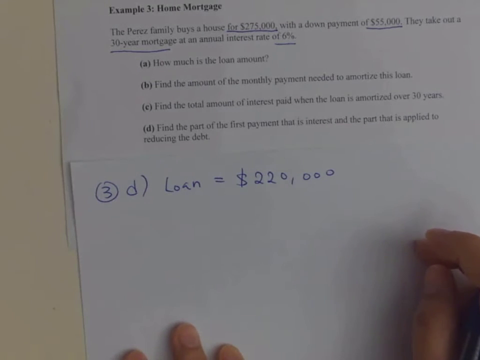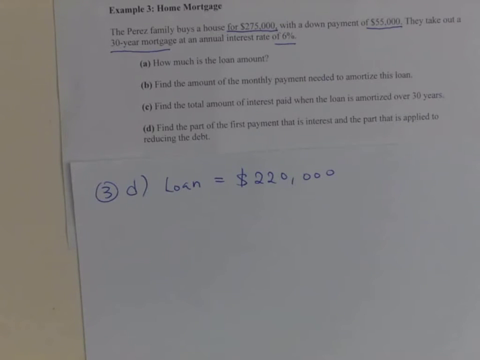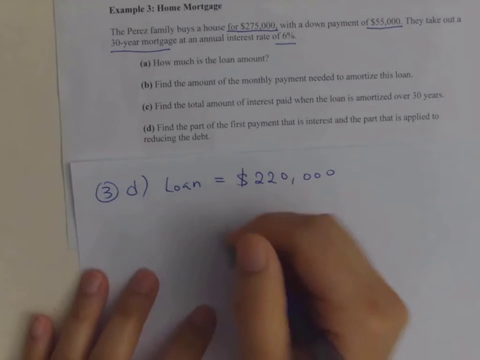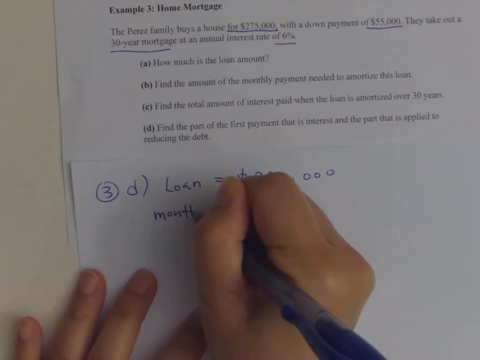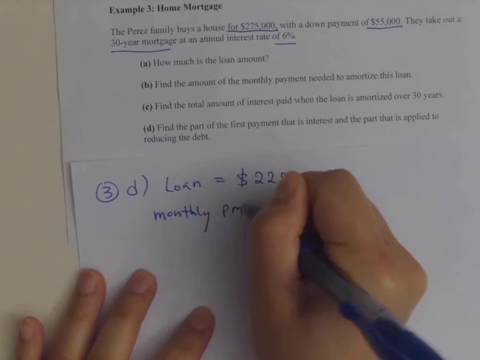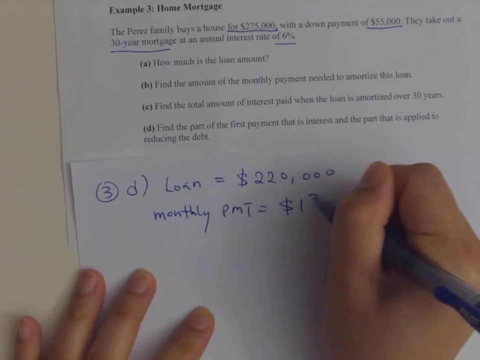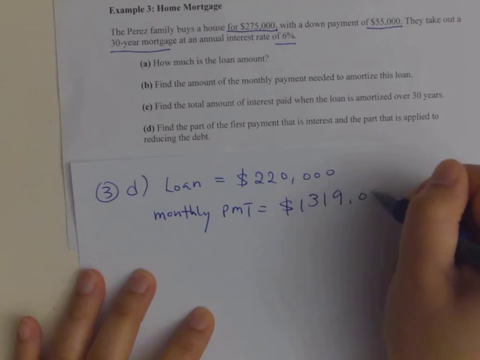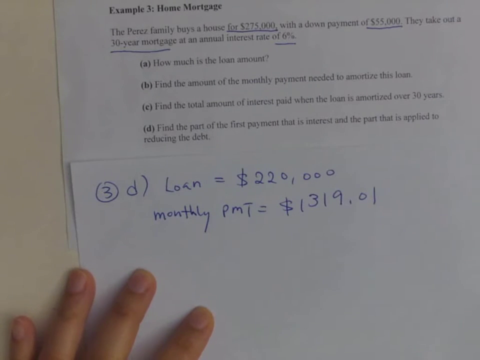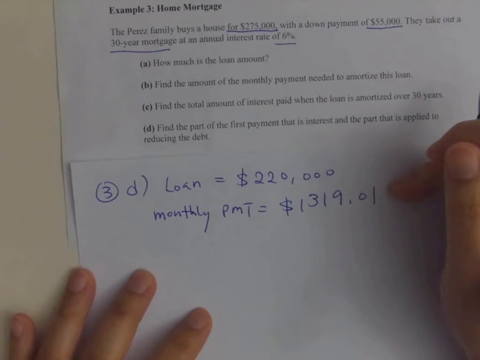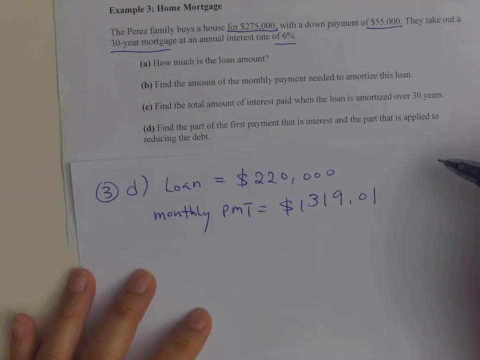And we figured out from our previous part that the monthly payment is $1,319.01. So they want to know the first time you make a payment, how much of this $1,319.01 is going to the interest, and how much is going to reduce the debt.